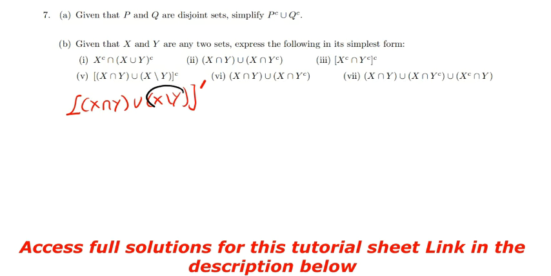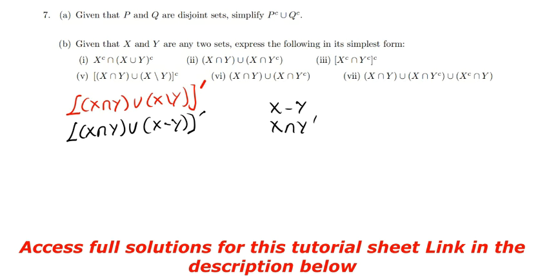We'll start by simplifying that part. So X minus Y is the same as X intersection Y complement. I've already explained how that comes about.